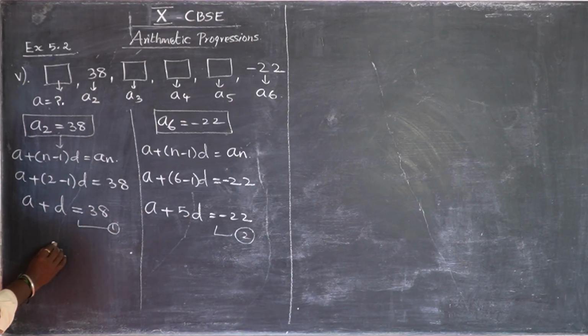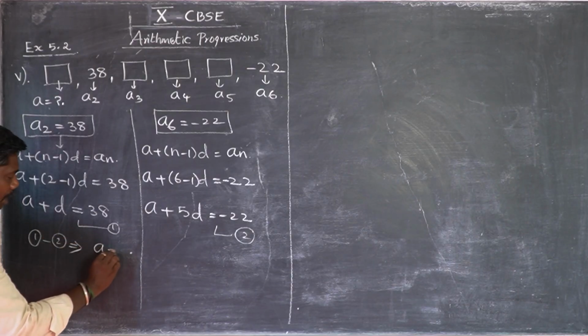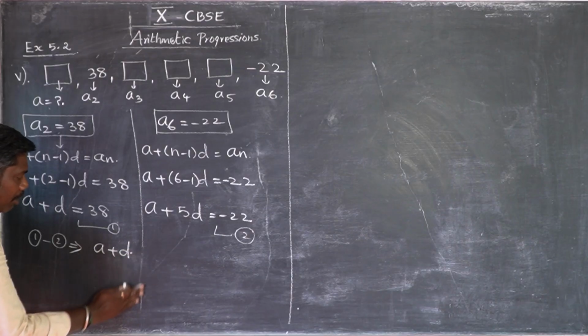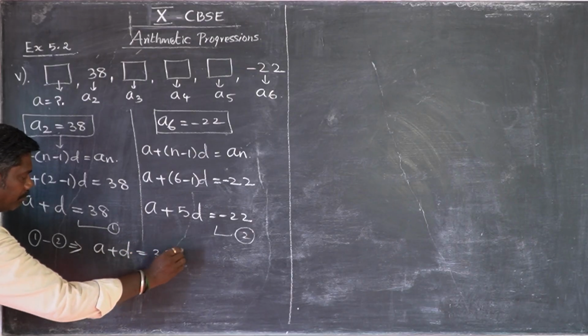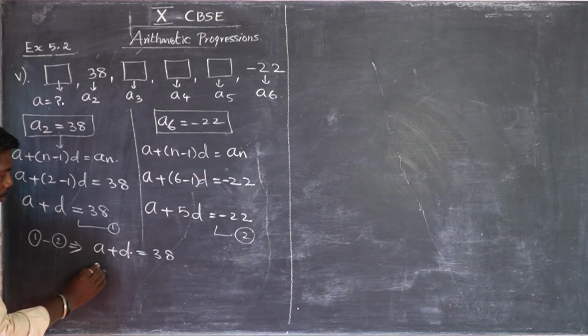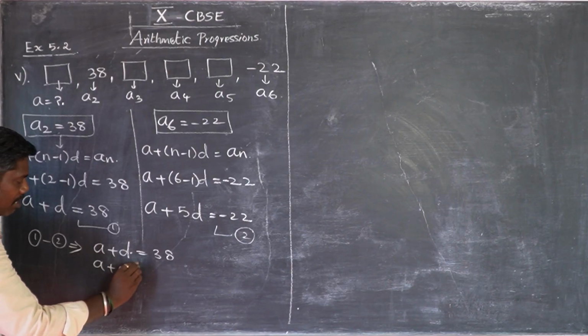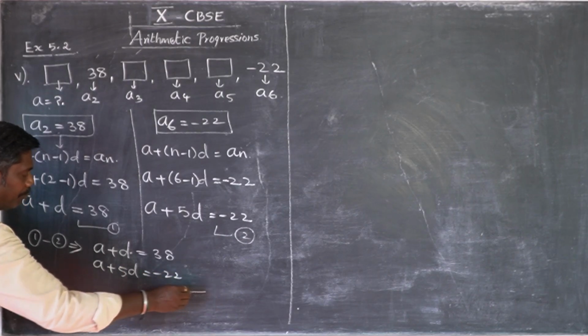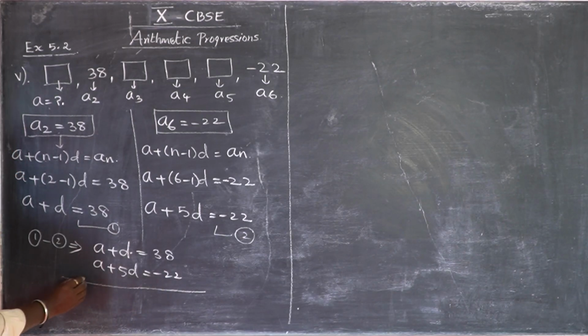Here, I am going to subtract equation number 2 from equation number 1. Equation number 1 is A plus D equal to 38. And equation number 2 is A plus 5D is equal to minus 22. If we subtract, the symbols will change.